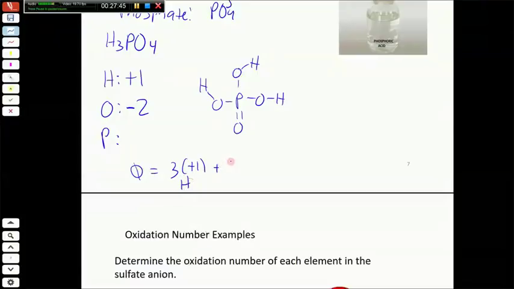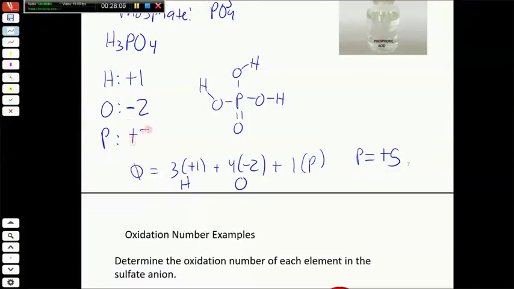We have 4 oxygens, each one -2. And then we have 1 phosphorus, which has whatever oxidation number it has. A little bit of algebra here: we solve for the oxidation number of phosphorus. We have +3 -8 is -5, so we need phosphorus to be +5 so that the sum of all the oxidation numbers equals 0. So phosphorus in this compound is +5.